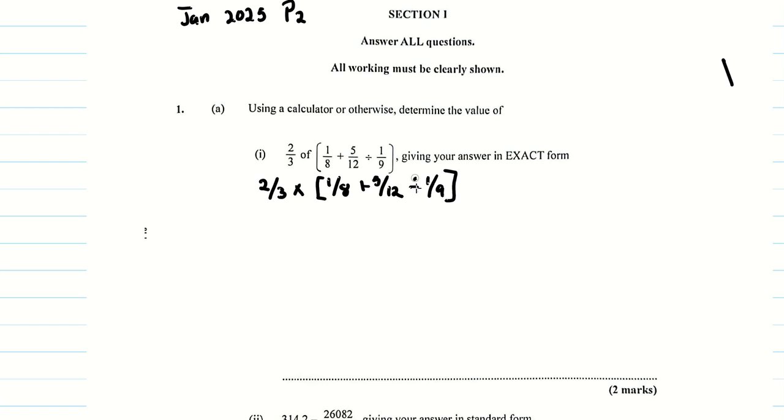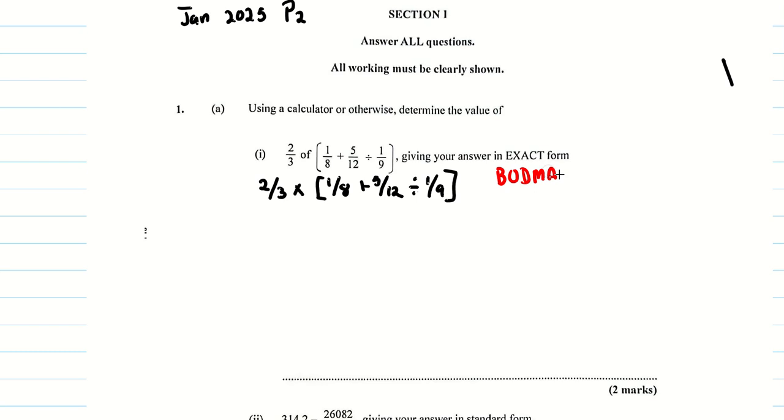Right? Now, anytime you have a mixture of operations, we always do something called BODMAS. And BODMAS tells us the order we would carry out an operation.